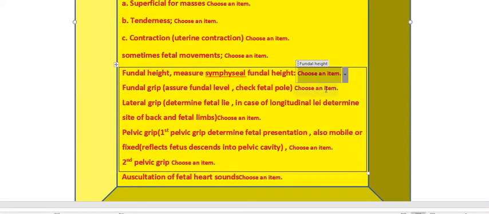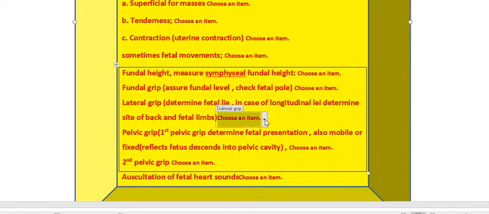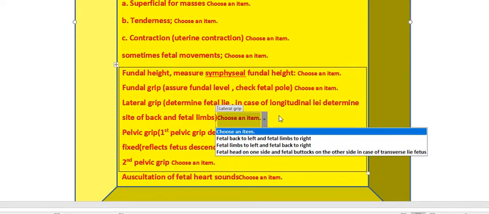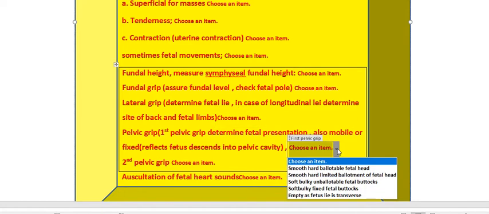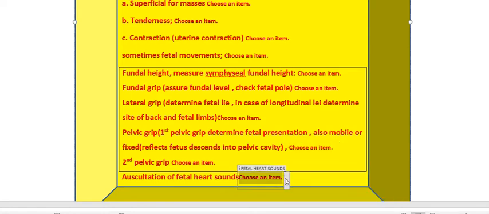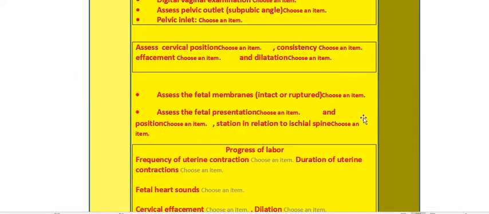We determine the fundal grip, whether it is head or buttocks or empty, and then the lateral grip, to define where the back of the fetus or the limbs of the fetus are, and the first pelvic grip, whether the head is floating or starting to enter, and the second pelvic grip. And we auscultate the fetal heart sound, how many, and whether there is variability or any deceleration.